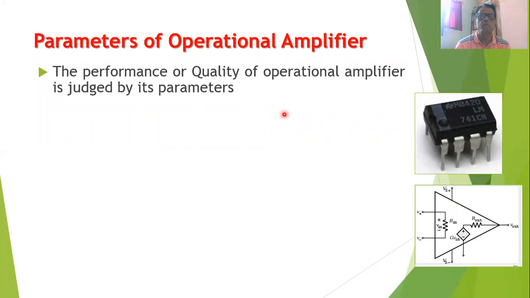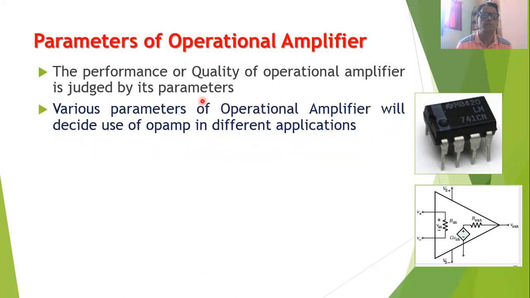The performance or the quality of the operational amplifier is judged by its parameters, or the different characteristics that are associated with the operational amplifier. Various parameters of the operational amplifier will also decide the use of the operational amplifier in different applications.